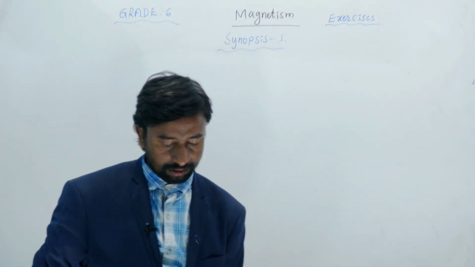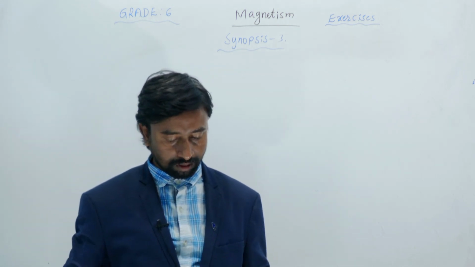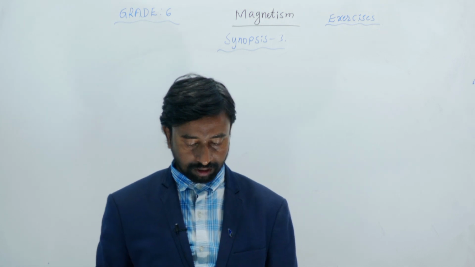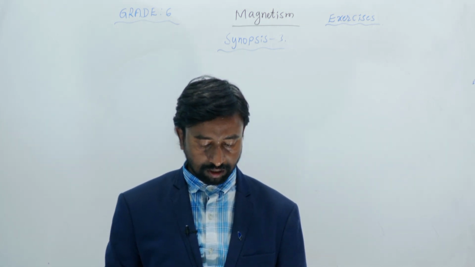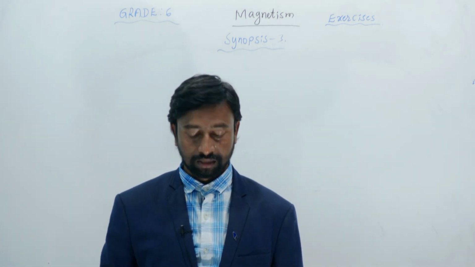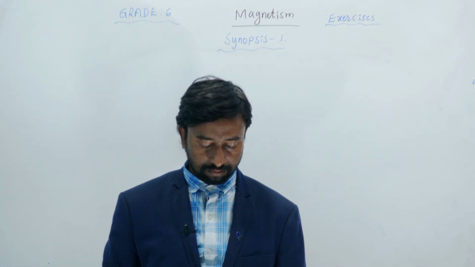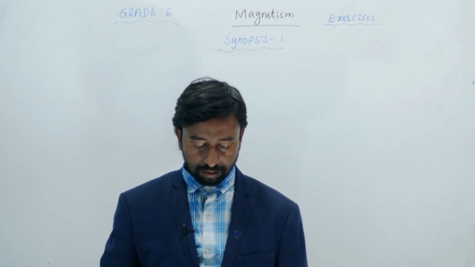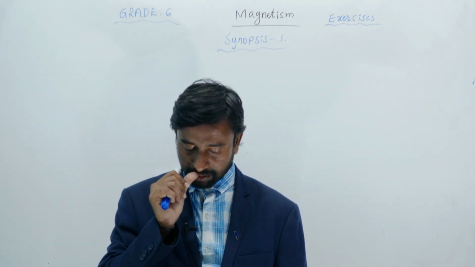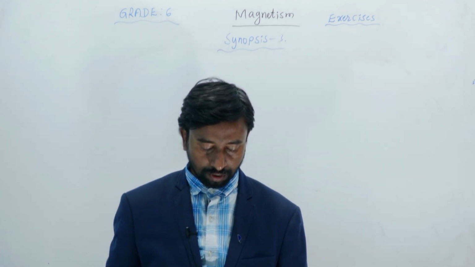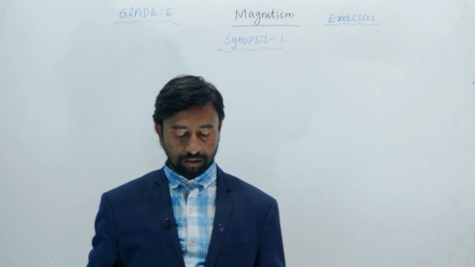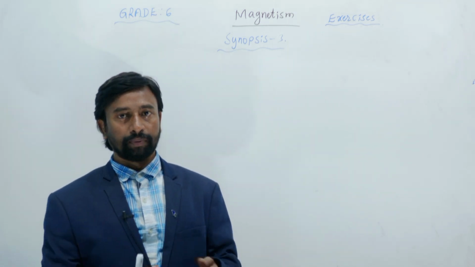So the first one, see here: a magnetic keeper is a person who looks after the magnets, a piece of aluminum that is placed at the ends of two bar magnets, or a piece of steel. A piece of steel that is placed at the ends of the two bar magnets, that is the magnetic keeper.